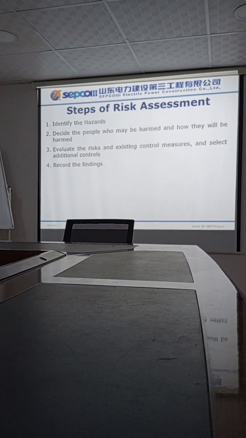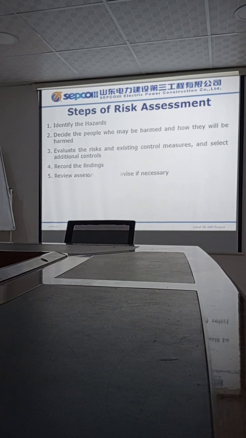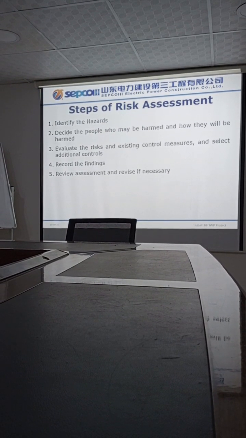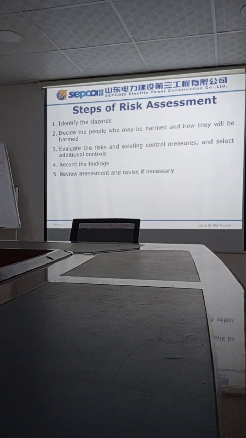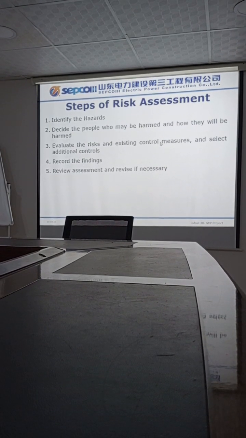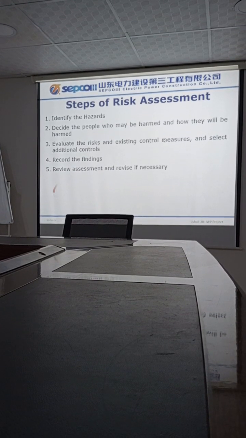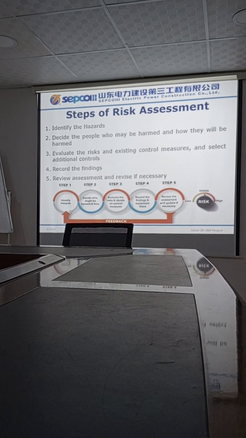Now after that, we need to record the findings. That's why we need to list down, and then review. After review, check the site whether it is effective or not, whether the control measure is okay or not. If not, then again we need to identify a good corrective or control measure. So here, step 1, identify the hazard.